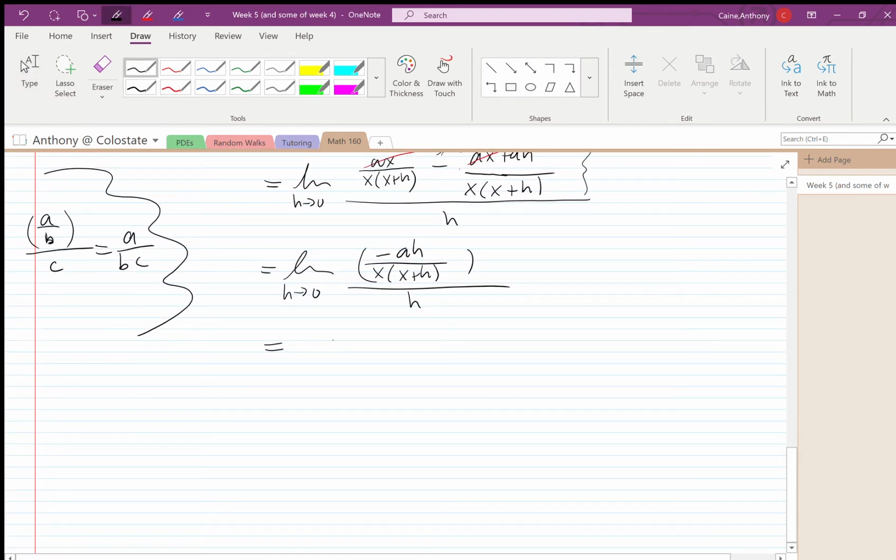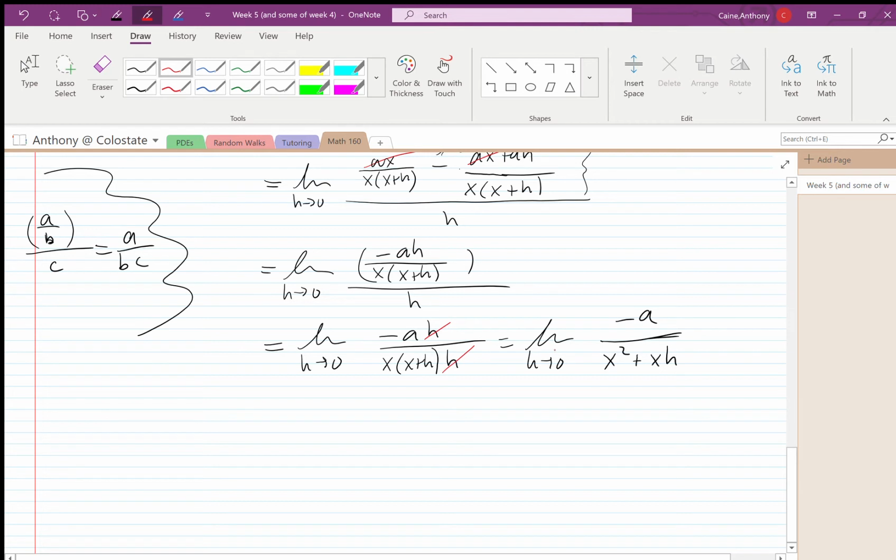So that's what I'm going to do now. This is the limit as h goes to 0 of negative ah over x times x plus h times h. And now, voila, the h's cancel. And this is the limit as h goes to 0 of negative a over, and I guess I'll distribute the bottom, there's no need, but sure, x squared plus xh.